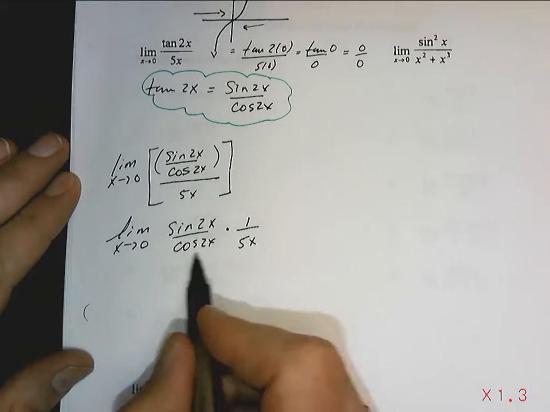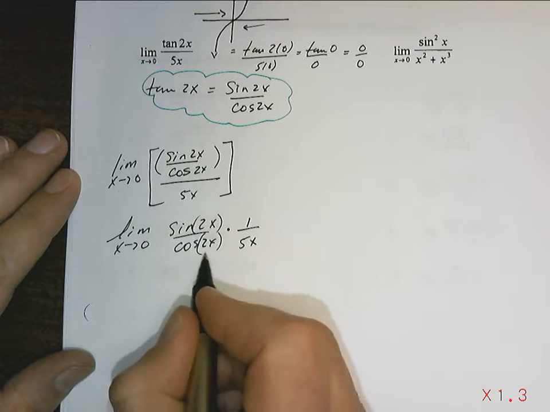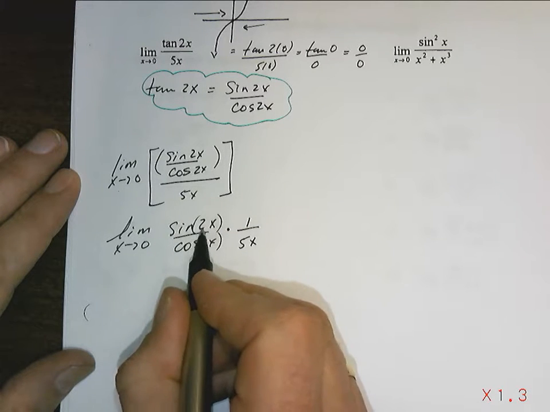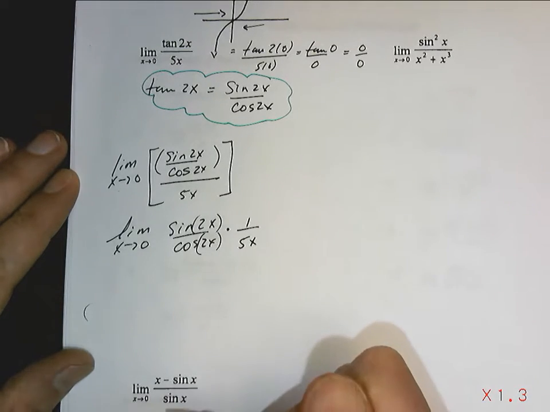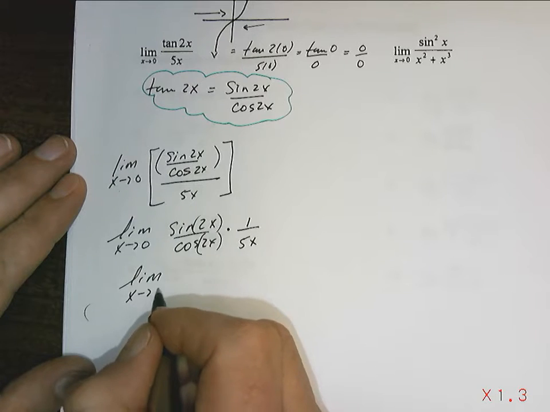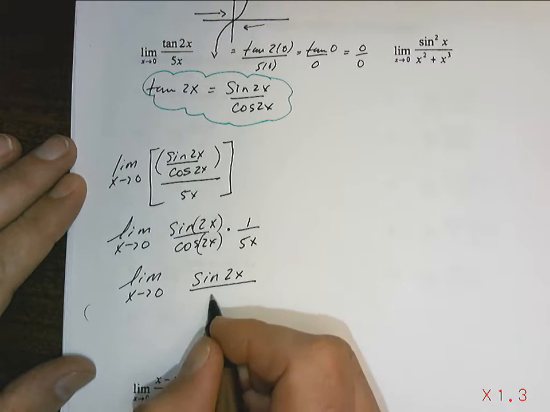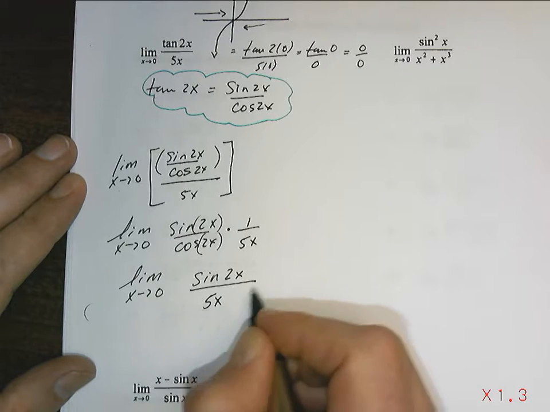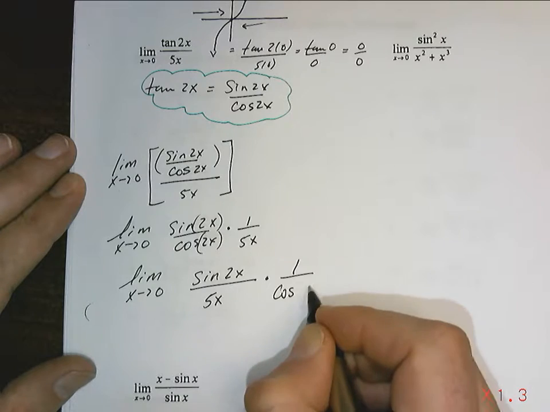What that allows me to do is break this up any way I want. However, remember that these are arguments. So the 2x has to stay inside the sine, and the 2x has to stay inside the cosine. The 5 and the x are free to do whatever they want. So look what I'm going to do. It's going to be sine 2x over top of 5x times 1 over cos 2x.